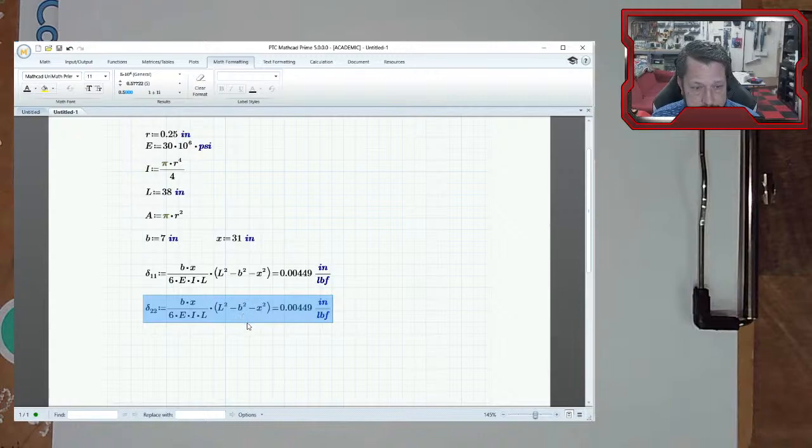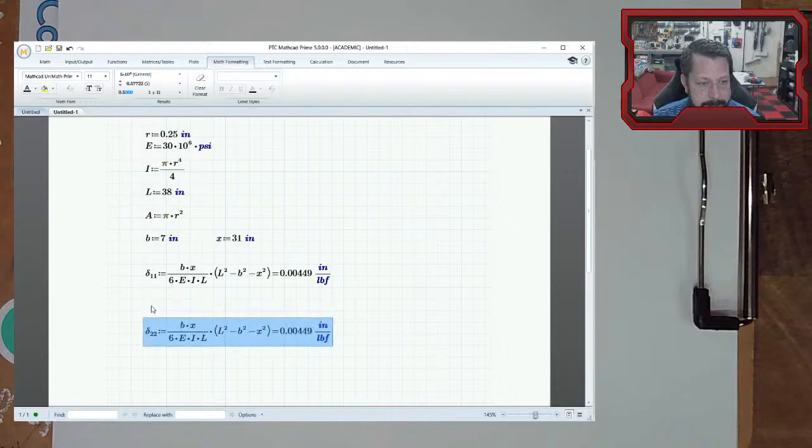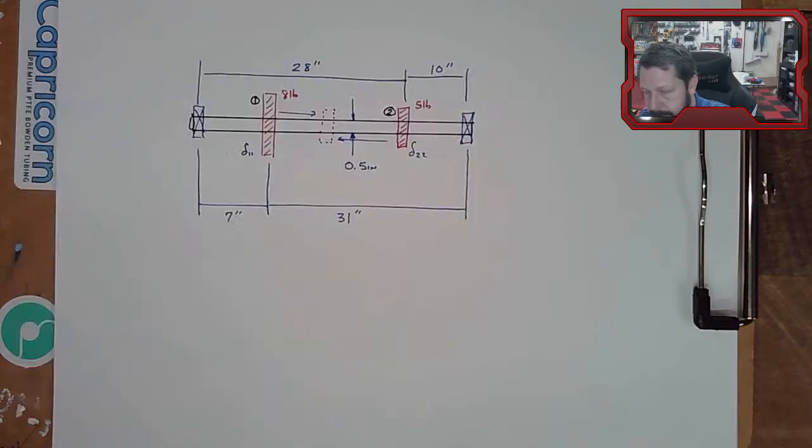The things that change here: it's the same shaft, so E, I, L all stay the same, but it's a different location. So here B is 28 inches and X is 10 inches. And you can see that here.